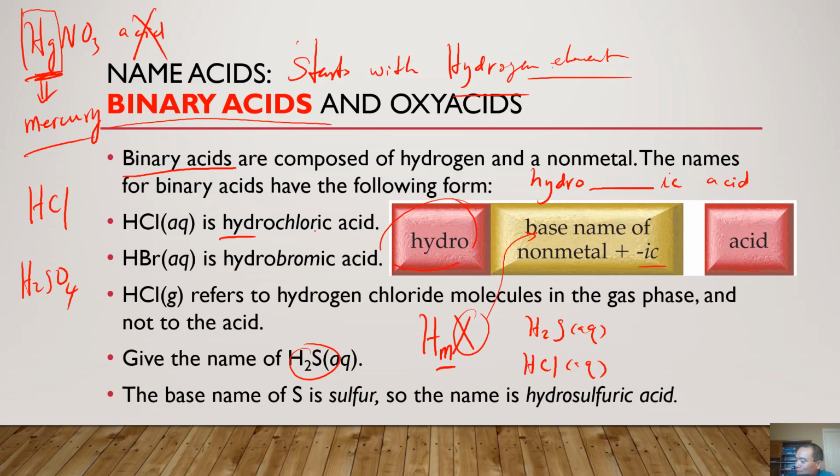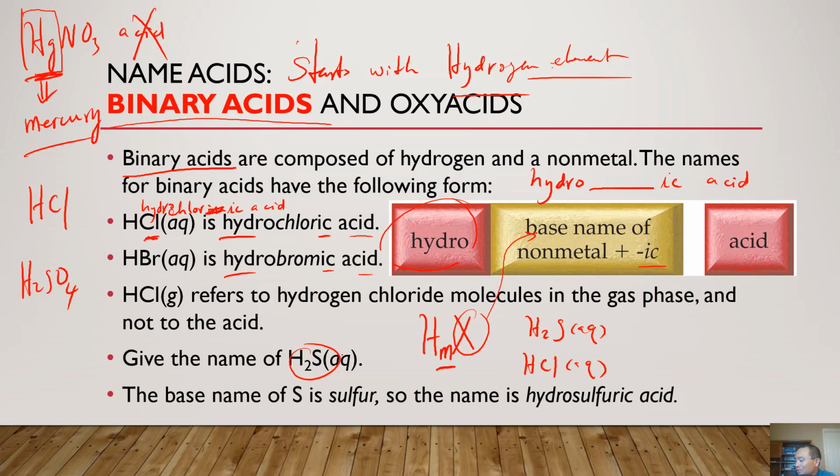It's always hydro-X-ic acid. Cl is chlorine, so it's hydro, you drop the INE and you put ic acid. That's why it becomes hydrochloric acid. Similarly, you have hydrobromic acid and hydrofluoric acid.